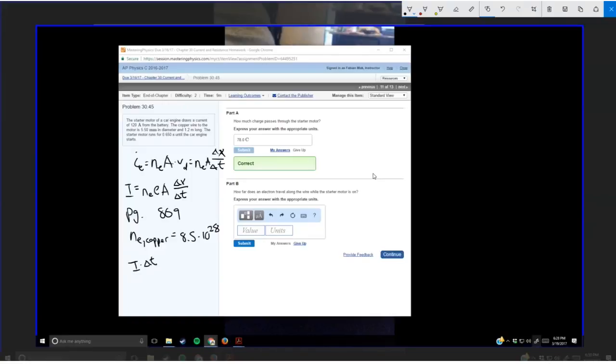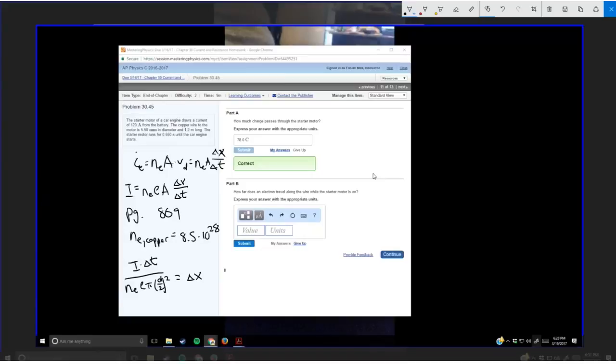So if we're solving for delta x, then it's going to be I times the amount of time that passed, divided by this density times e times the cross-sectional area. It gives us the diameter, so the cross-sectional area is pi times d over 2 squared. That should give us delta x, because that's what we're solving for.